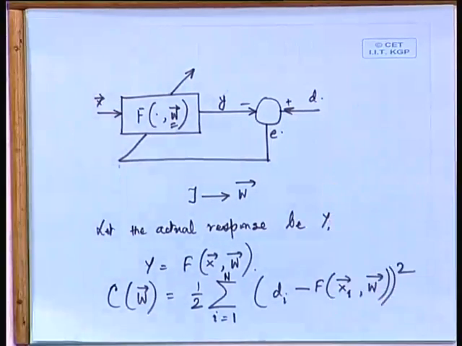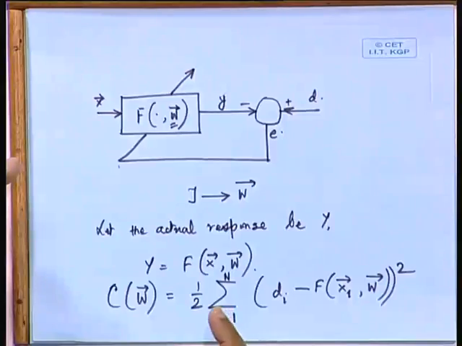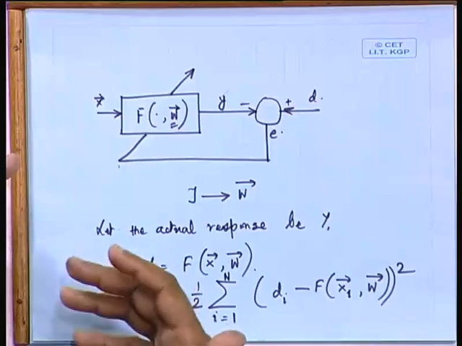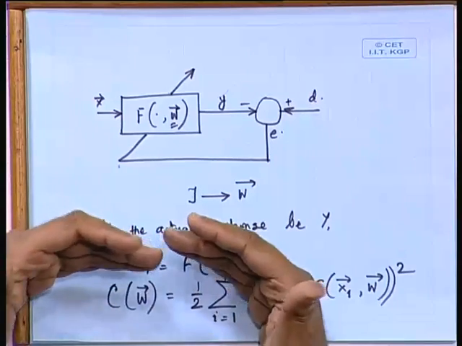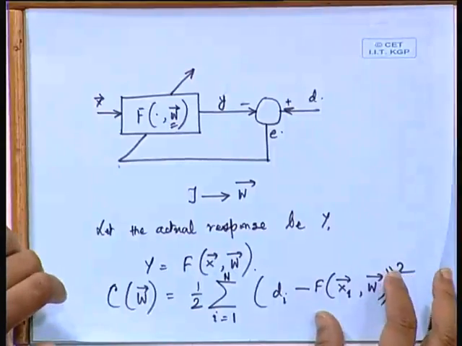You feed all the n examples and then you adjust at the end. Whereas the earlier learning we discussed, presenting one sample and then adjusting the weight, again the next sample, again adjusting the weight, could be called online learning, whereas this one can be called batch learning. So let this be the batch learning expression.